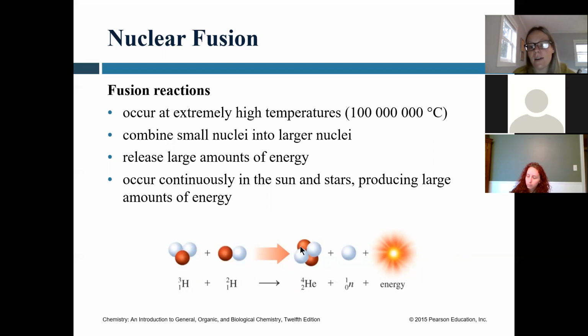When it smushes together, it also releases a neutron, and this produces a large amount of energy. It has to occur at very, very high temperatures, like 1,000,000 degrees Celsius. It occurs continuously in the sun and stars to produce a lot of energy.